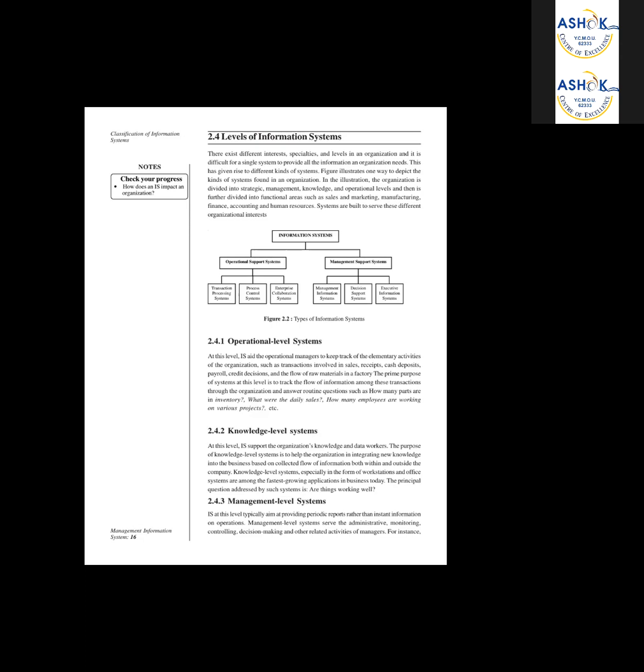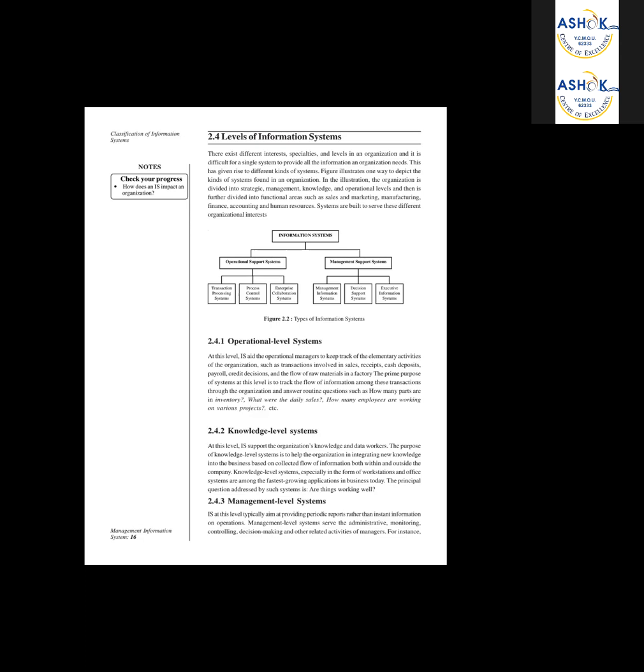Next point, management level system. Information systems at this level typically aim at providing periodic reports rather than instant information on operations. Management level systems serve the administration, monitoring, controlling, decision making, and other related activities of managers.